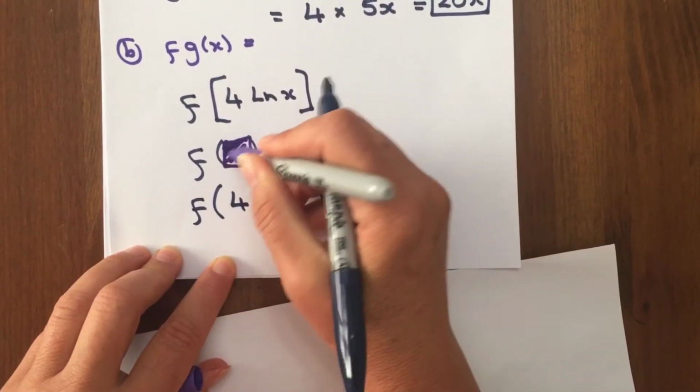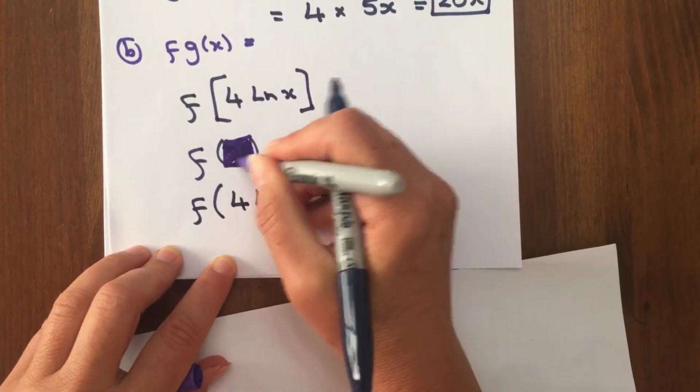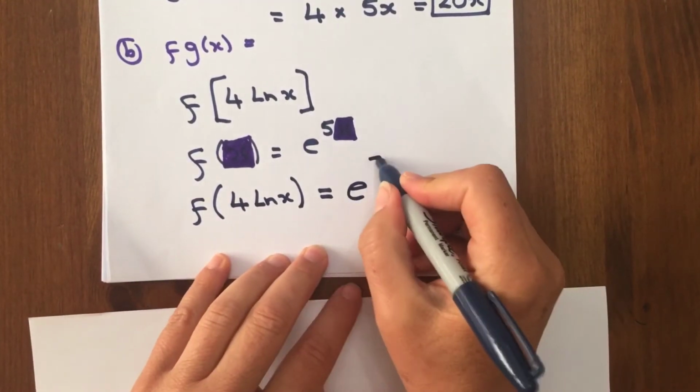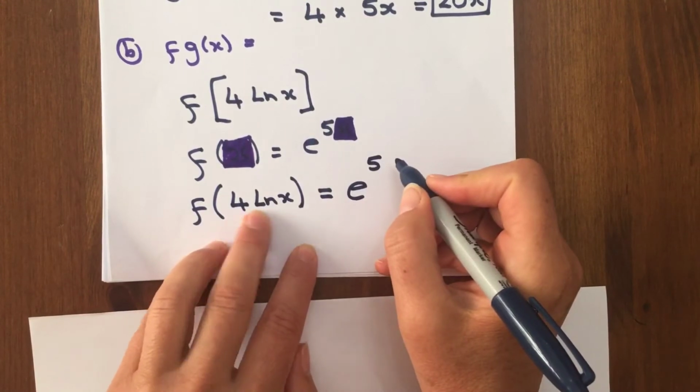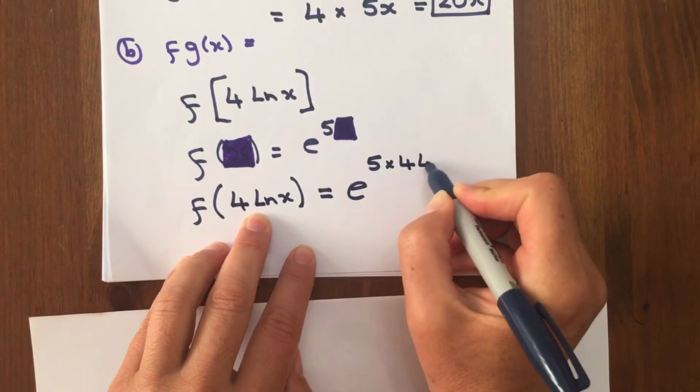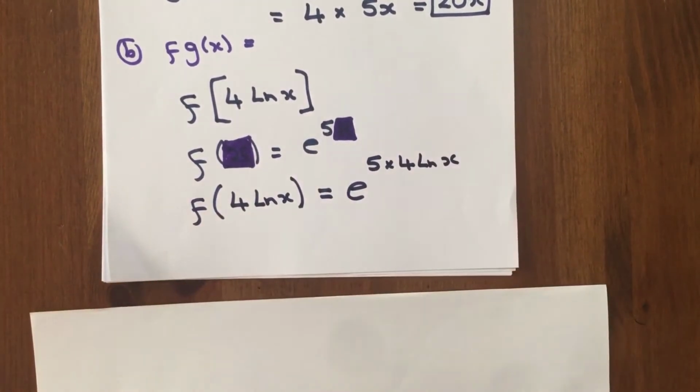Let's just colour that in. Okay, so I've got e to the 5, what's in my box, what's going into f, times 4 ln of x. Now, we want to simplify this answer.